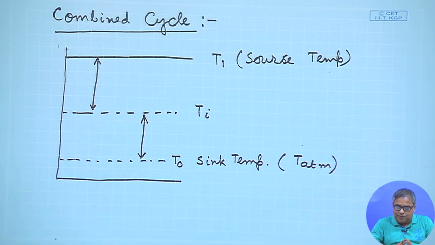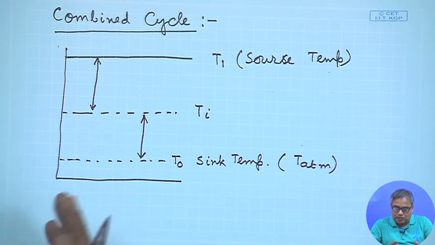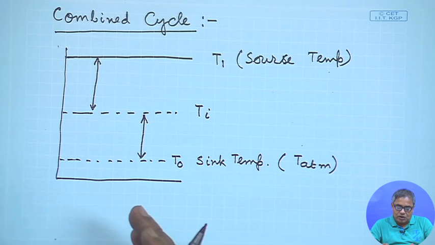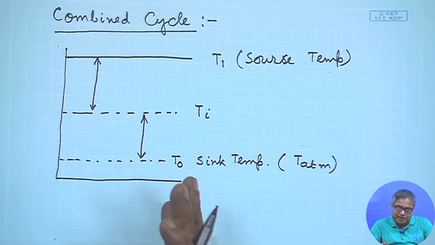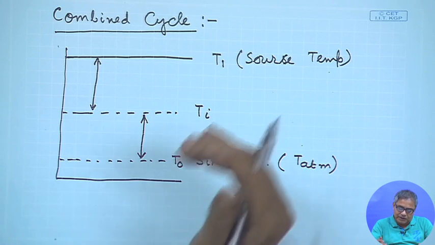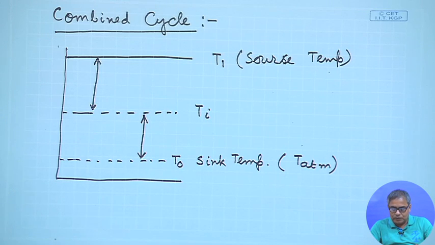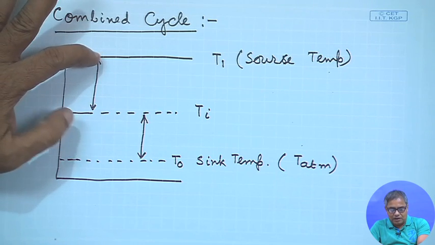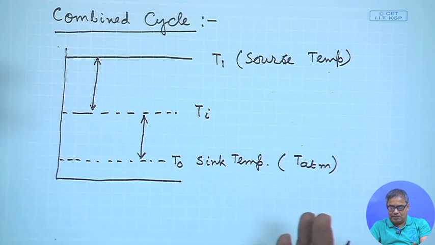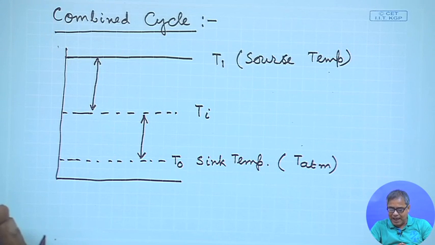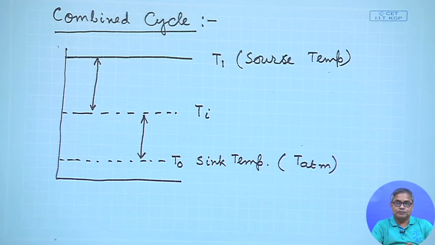So, this becomes possible in many cases, that with the working fluid we cannot have a cycle from temperature T 1 to T 0. If we select some kind of working fluid, we will have a cycle between T 1 to T i, and if we select some other kind of fluid, we will have a cycle between T i to T 0.